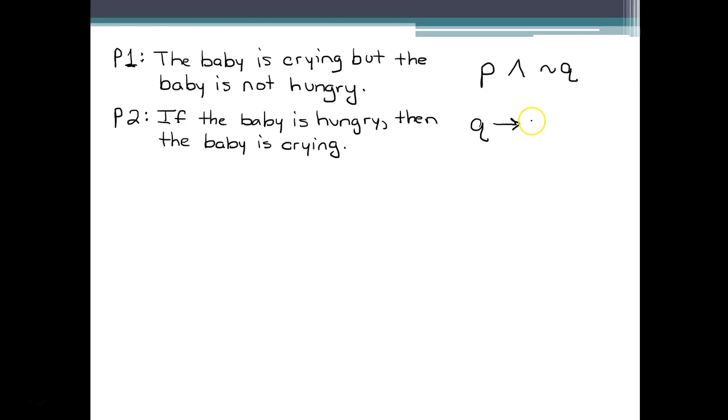P was the baby is crying. If Q, then P. Conclusion. Sometimes you can see 3 dots for your conclusion. You might also see the word therefore. You know, therefore means the same thing. 3 dots. It's telling you the conclusions here. The baby is hungry. So remember, the baby is hungry would be Q.